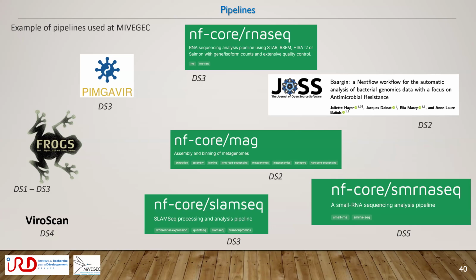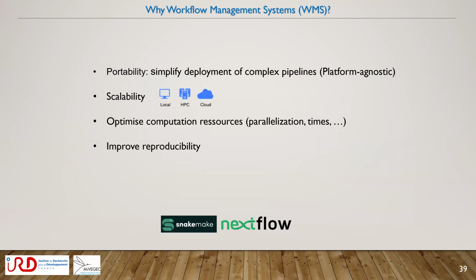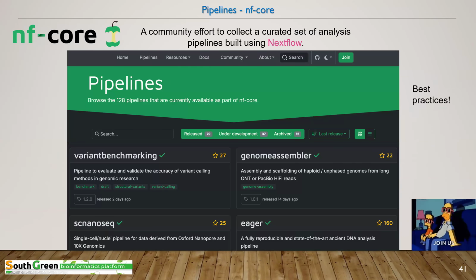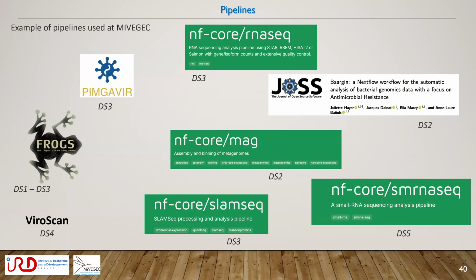Galaxy is also a framework that I didn't mention, but I could have put here. It's also something that's good for reproducibility. And on the right side, actually, all these pipelines here are Nextflow pipelines, a workflow manager. And this one has been published and developed within MIVEGEC last year.